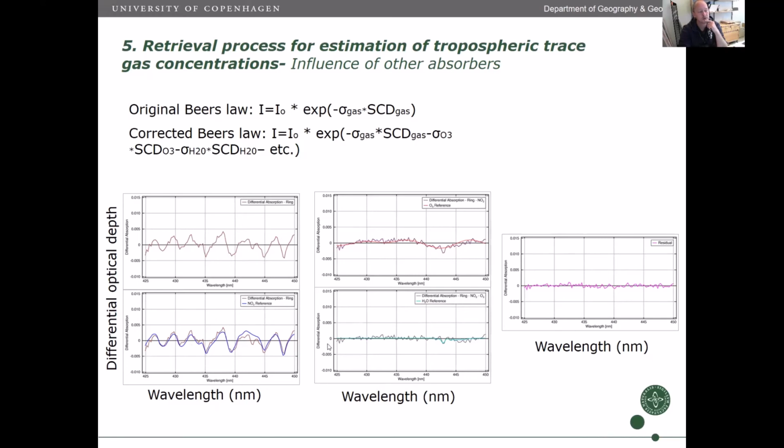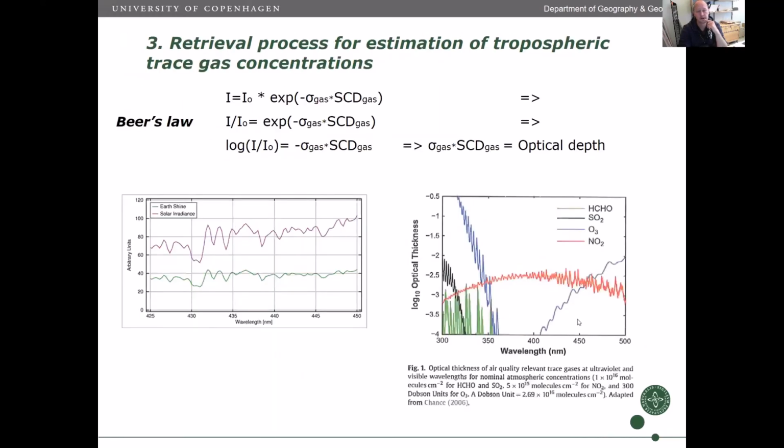And this polynomial is based on laboratory measurements, so that we know that at a certain concentration, this is the polynomial that will be fitted to the nitrogen dioxide, for example.